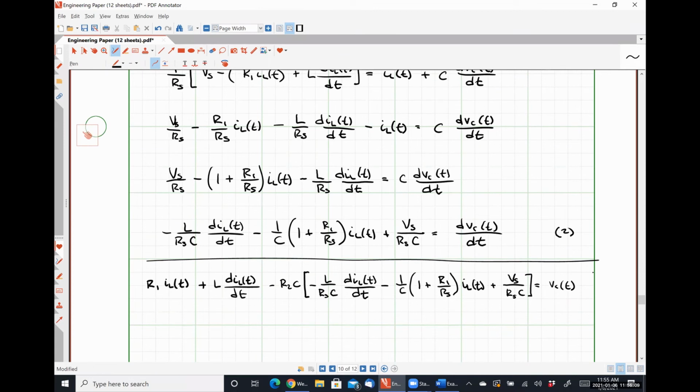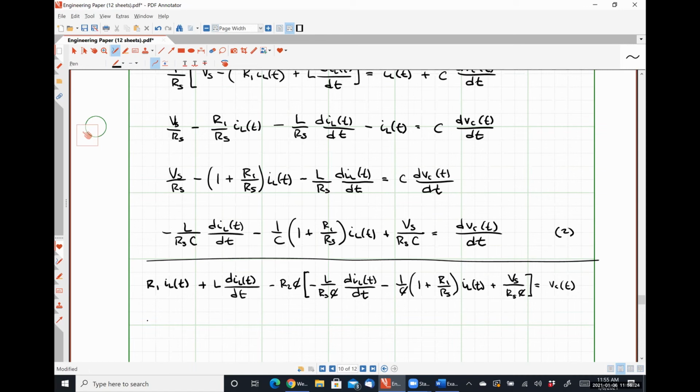So let's combine some like terms and all that jazz. First, there's a common factor of C in all this, so this C cancels out this guy and this guy. So that at least makes it a little bit easier.